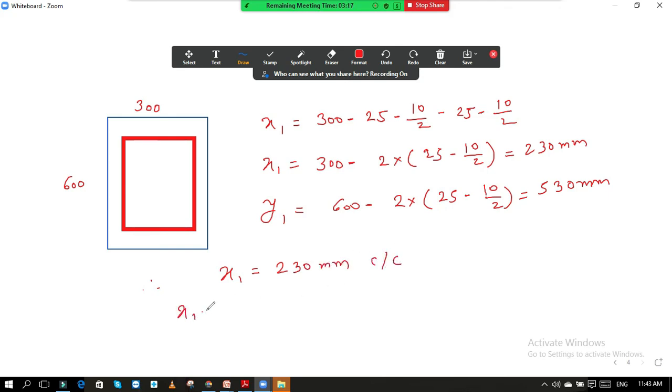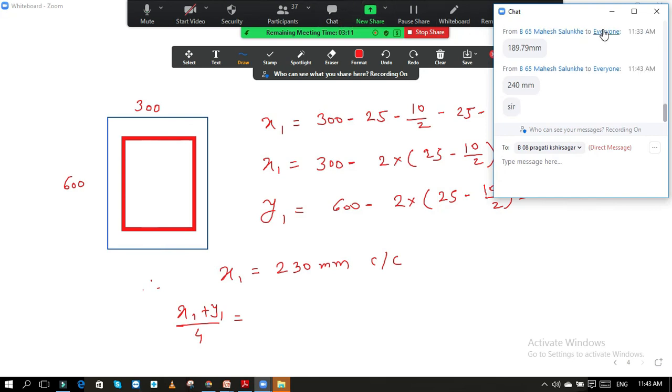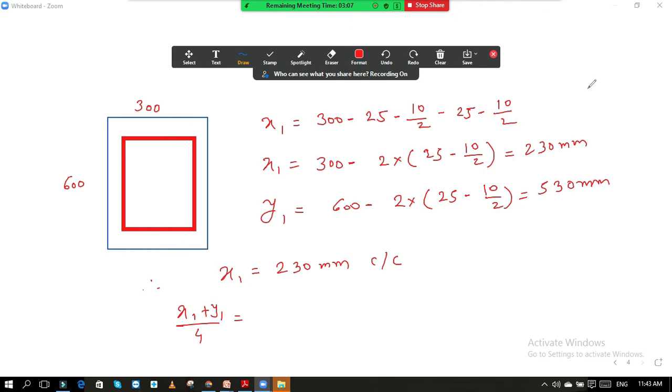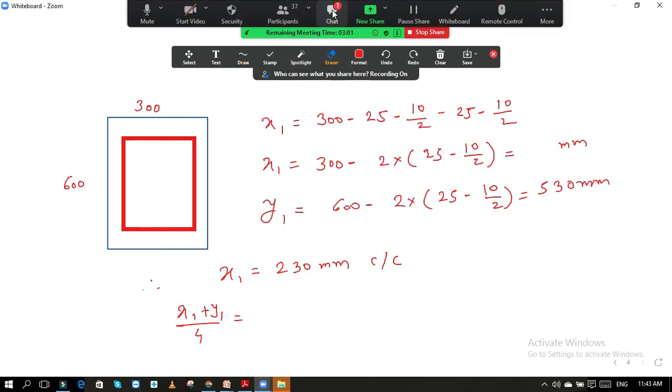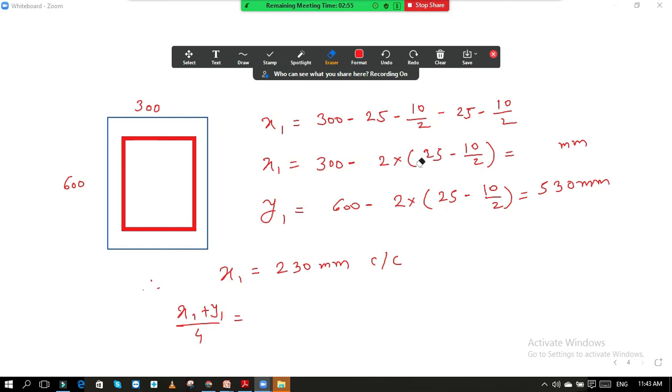The second thing is x1 plus y1 divided by 4, which is equal to 240. Take it as 240. Okay. So now if it is 240, then you keep this value as 240.